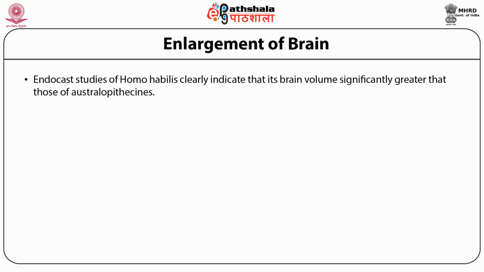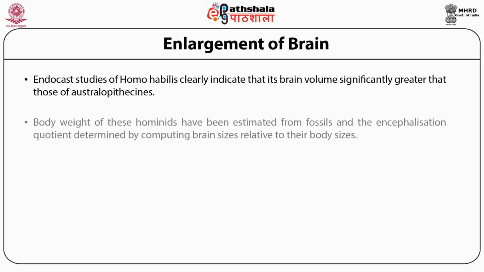Endocast studies of Homo habilis clearly indicate that its brain volume is significantly greater than that of Australopithecus. Body weight of these hominids has been estimated from fossils, and the encephalization quotient determined by computing brain size relative to body size.